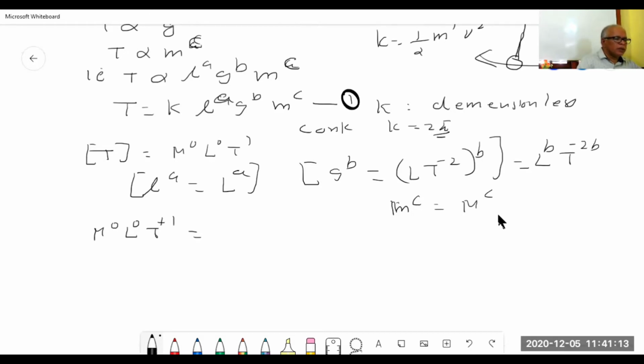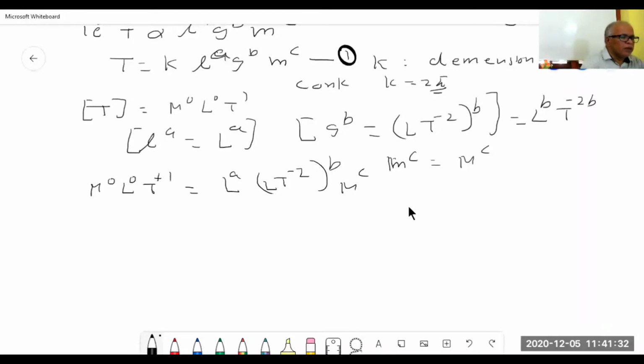Then K has no dimension, L raised to A, then G raised to B is LT minus 2 raised to B, now m raised to C. I'll simplify it. This equation, T is equal to K, L raised to A, G raised to B, m raised to C, you should remember it.